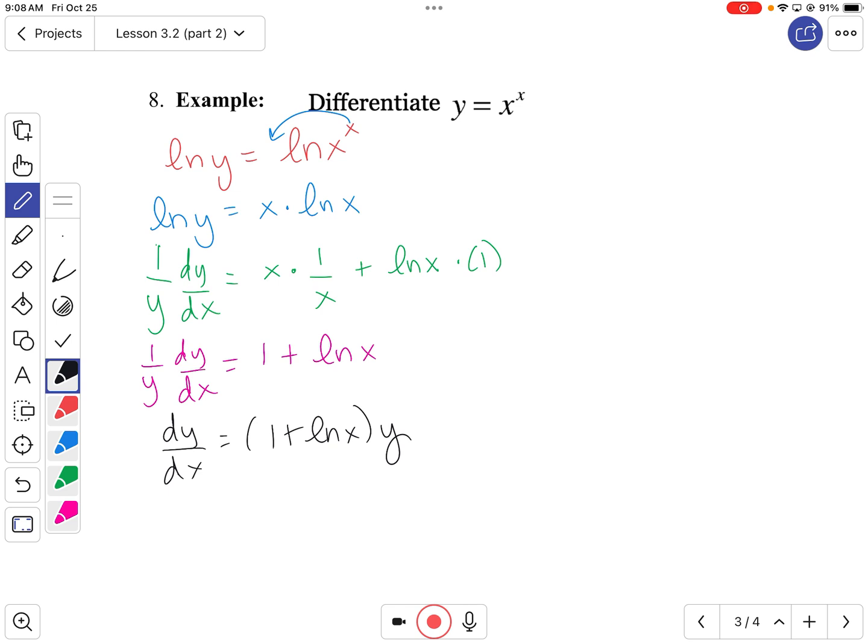It started out explicitly defined, so we want our derivative to be explicitly defined. So we're going to substitute just like we did a few minutes ago. What do we know y is the same thing as? x to the x. So dy dx is going to equal 1 plus the ln of x times x to the x. And that's my solution.